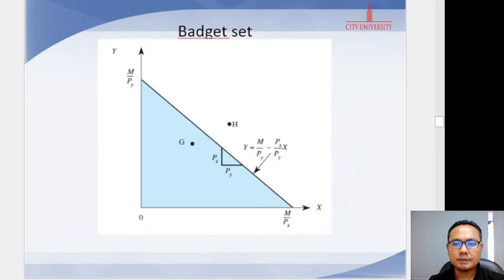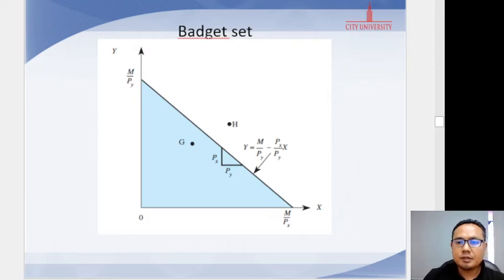The consumer's constraint is graphed in this figure. The shaded area represents the consumer's budget set, or opportunity set.